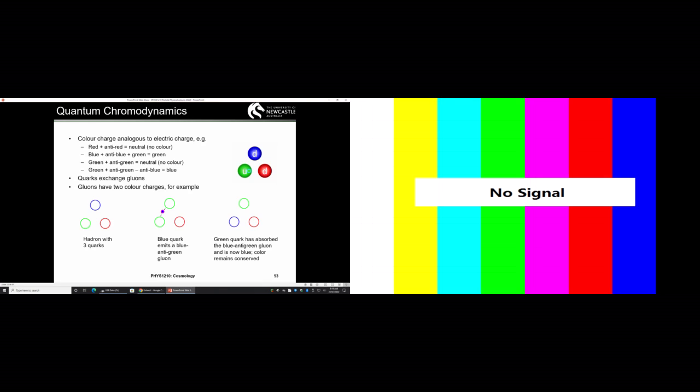So if we have a particle made of 3 quarks, those 3 quarks have to be red, green, blue, because that makes white when you add them together, at least if we're thinking about light. Whereas if we have a particle made of two quarks, it has to have a green and an anti-green, or a red and an anti-red, or a blue and an anti-blue.